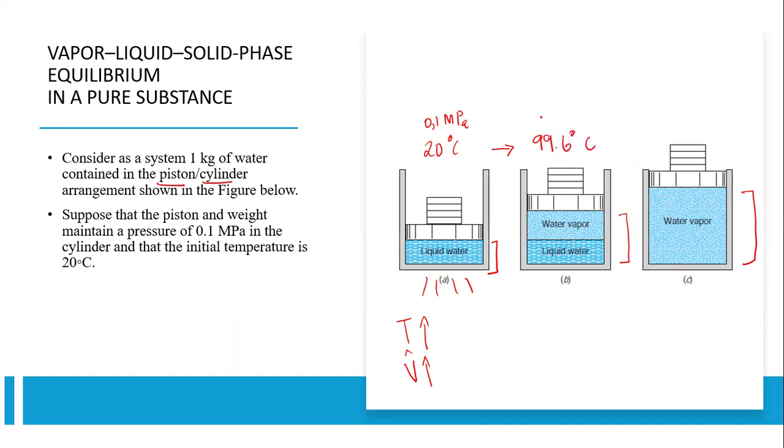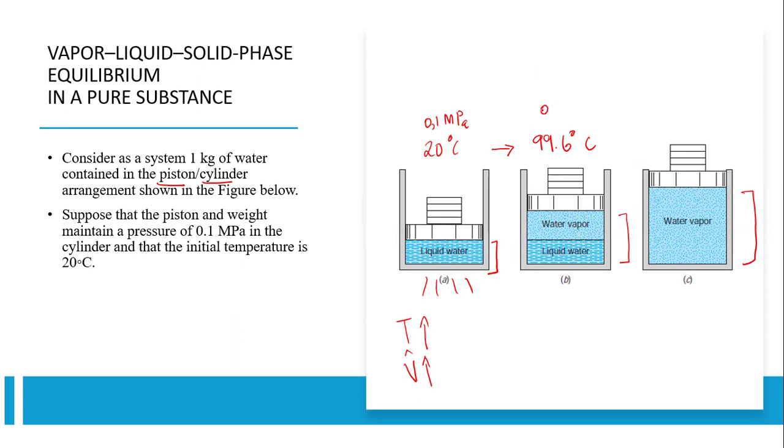But do not forget the pressure is maintained. So at the temperature of 99.6 degrees Celsius, there will be phase change, okay? There will be phase change because look, here it is in the diagram, we can see there will be a phase change. So at this point, the temperature and pressure remain constant, but the specific volume will increase.